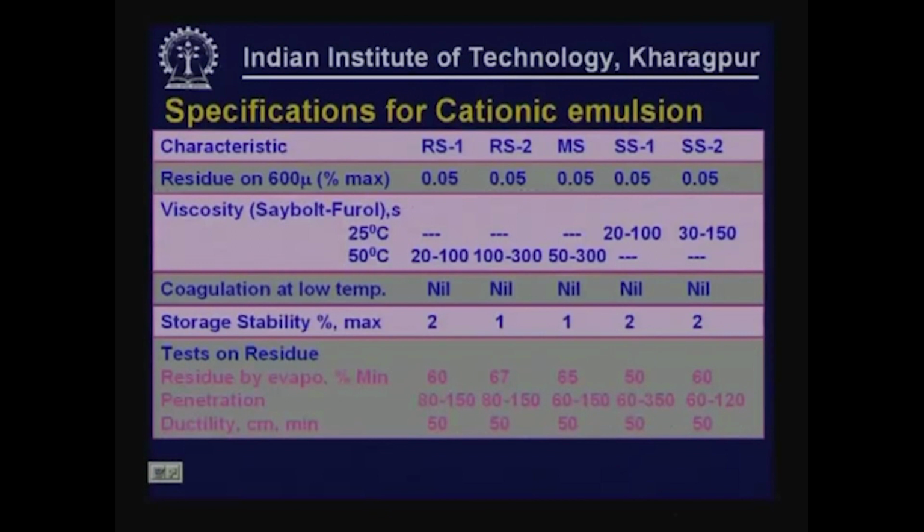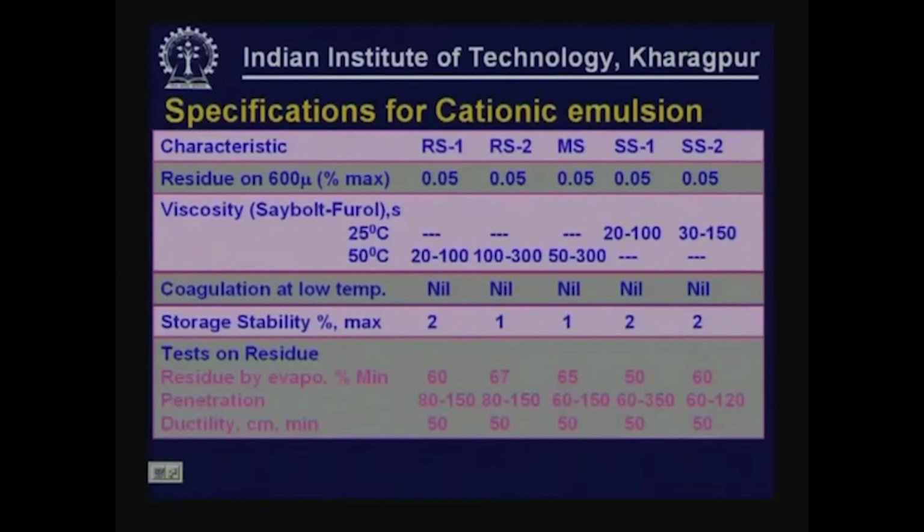And when tests are conducted on the residual bitumen, that is, the residue content should be a minimum of about 60%, 67, 50, 60. So, different quantities are specified for different types of emulsions. The penetration normally can range between 80 to 150 or 60 to 150, 60 to 350.